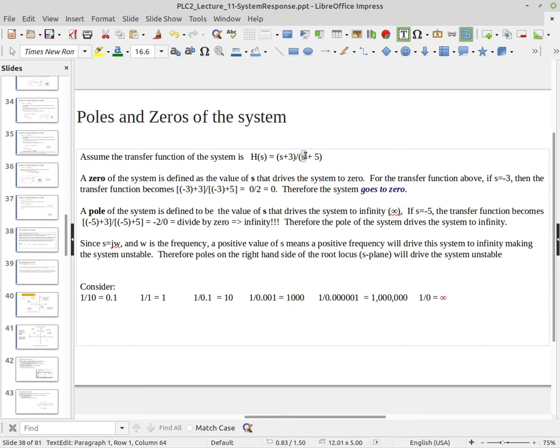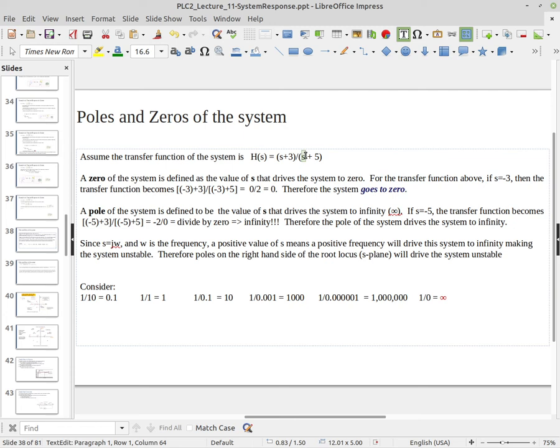So s equal to minus 5 is what would make the system go unstable, but since we can't generate a negative frequency, that means that the system is actually stable.